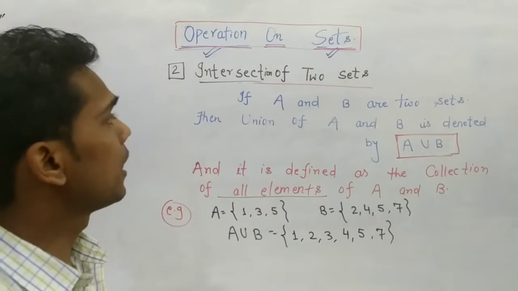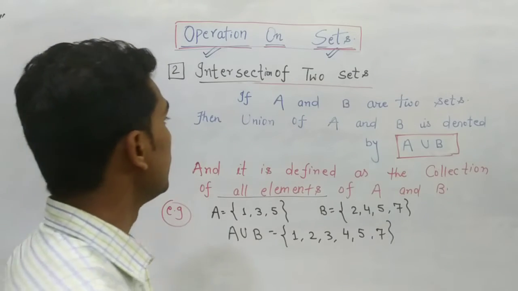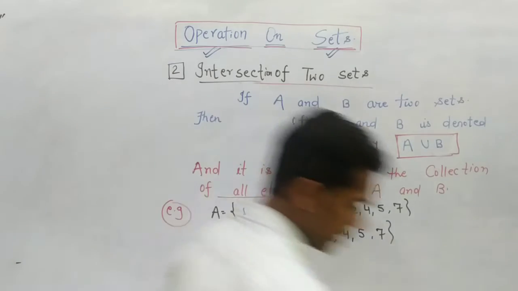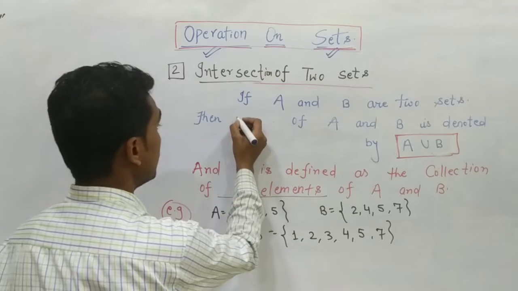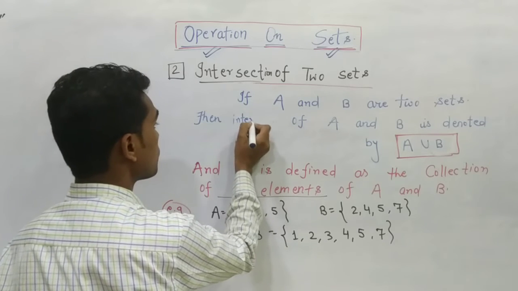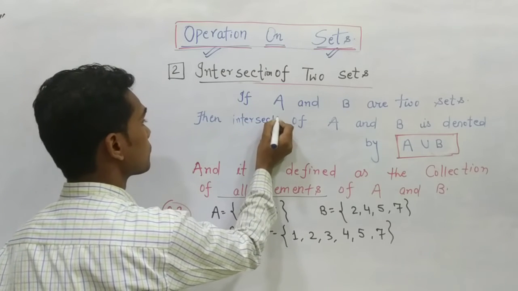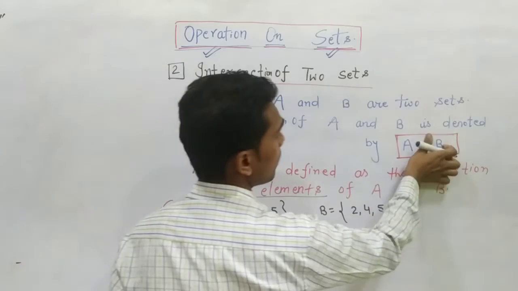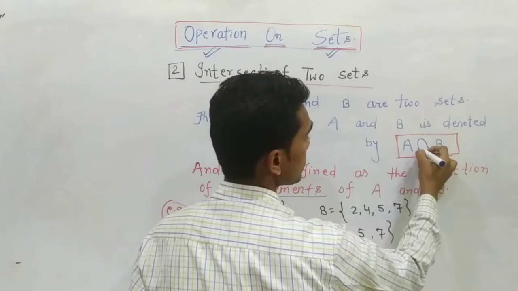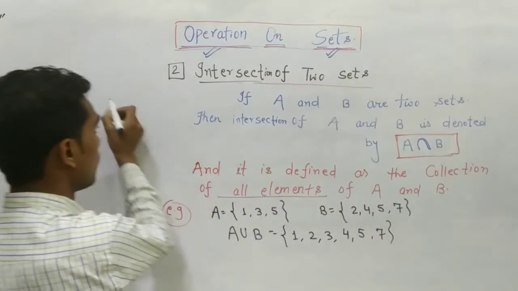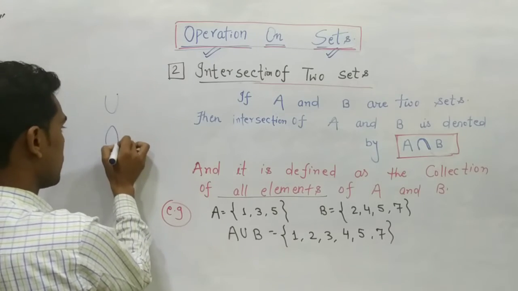If A and B are two sets, then the intersection of A and B is denoted by A intersection B.